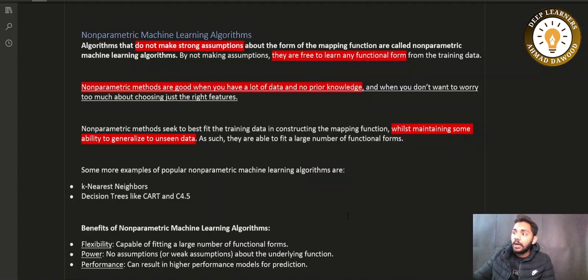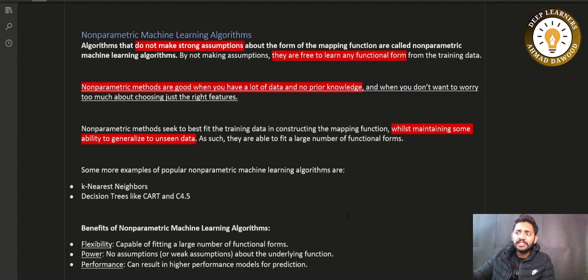And non-parametric models seek to best fit the training data in constructing the mapping function whilst maintaining some ability to generalize to unseen data. Okay, so non-parametric models try to find the best fit relation between your inputs and outputs from your training data, and also try to have the ability to generalize to your unseen data, your new data points, your real-time data points.